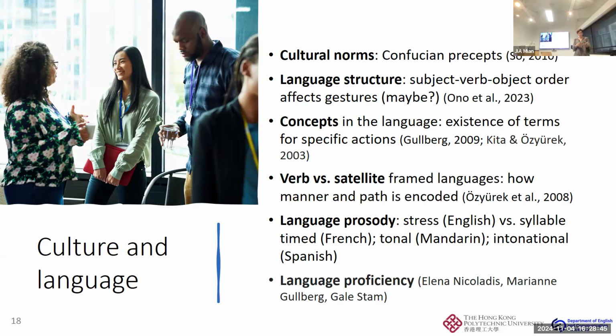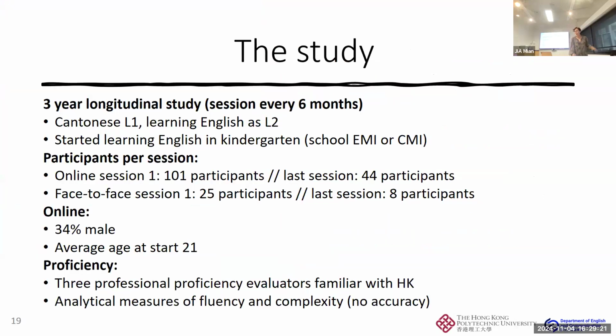And then we have language, the type of language, the order of the subject, verb, object might be affecting how we gesture. The amount of content within the verb also affects how we gesture. We already know this. And one of the things that has not been studied, certainly not systematically, is what about the prosody? How do the languages with different prosodies affect the way that we gesture? And then, of course, language proficiency. So these are all of the things that affect gesture.